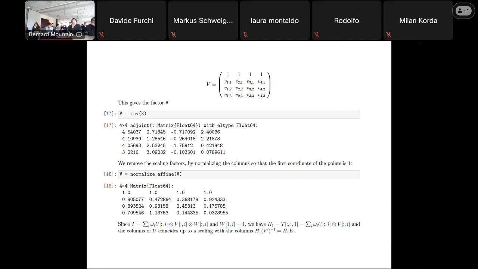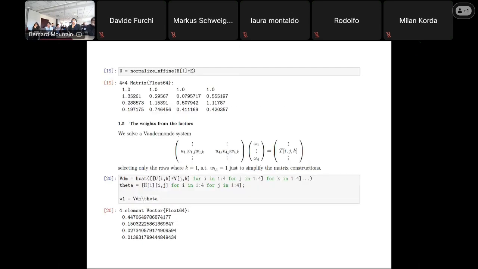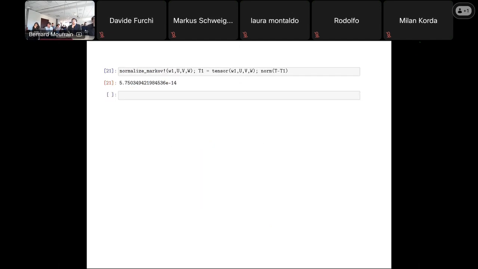Since we know v, we get the u. This gives the terms in the decomposition. We compute the weights by solving the Vandermonde system as here and get the decomposition. We can check that we get the u, v, w and the weights, and we compute the tensor from this, normalize the difference from the initial tensor T1, and get an error which is very small.